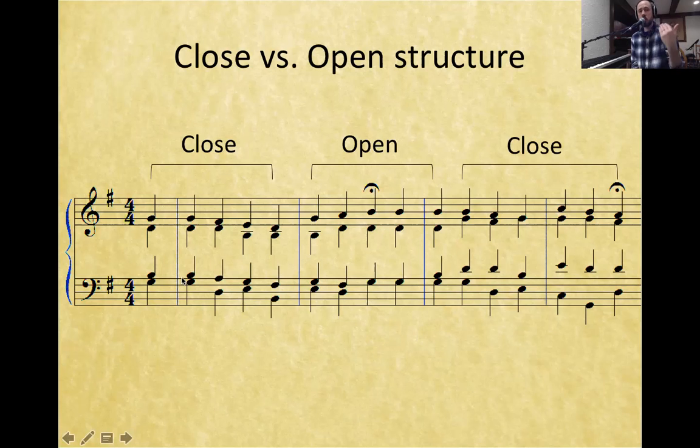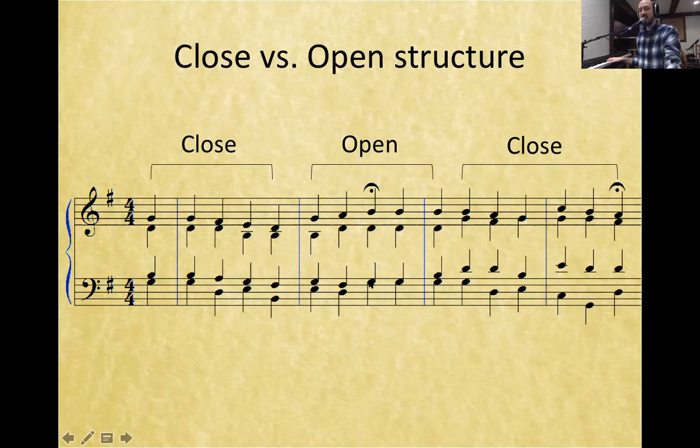Another result of close structure is that if we start on the tenor and go up to the altos and then the sopranos, we don't skip over any members of the chord. This is a G major chord, G, B, D. So B, the next note up is D, and then the next note up is G. If we look at another G major chord here in open structure, the tenors are on G, or I should probably sing it down here or I'm going to get in trouble.